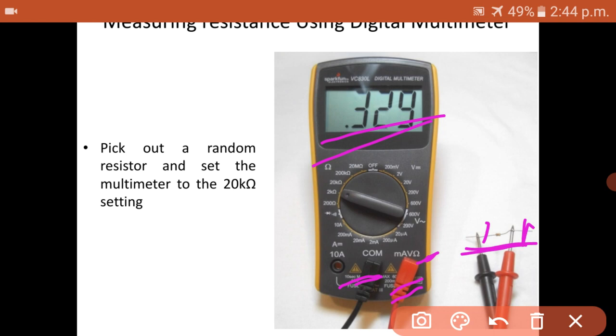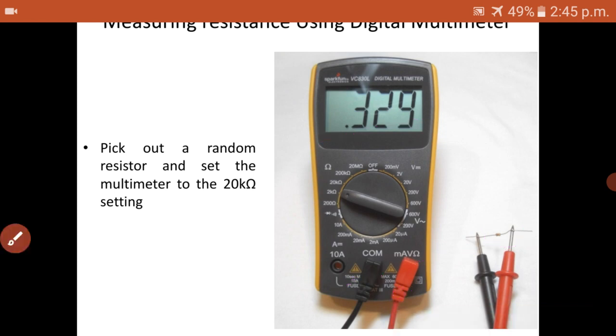Pick out a random resistor and set the multimeter to the 20 kilo ohm setting. Here it is set on the 20 kilo ohm like this. By this process we can measure the resistance of a resistor, which is in ohms or kilo ohms.